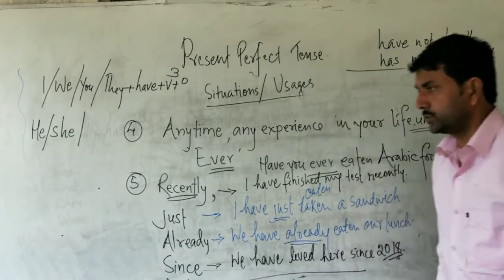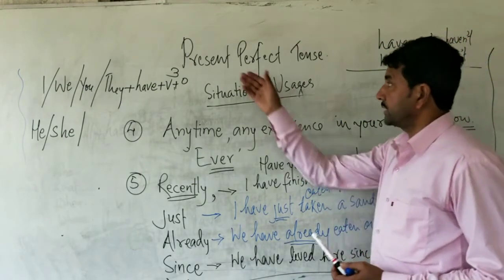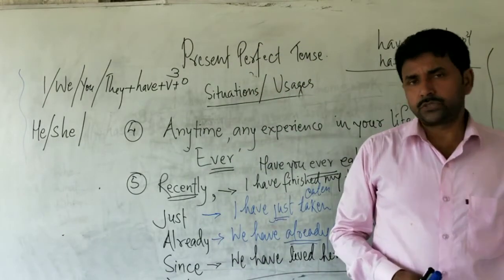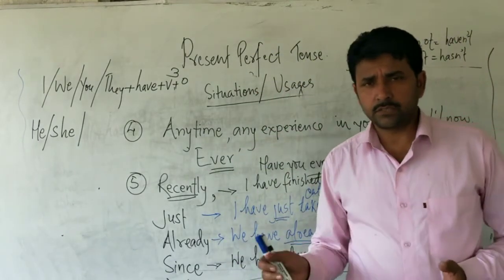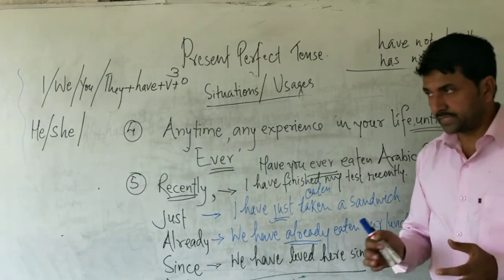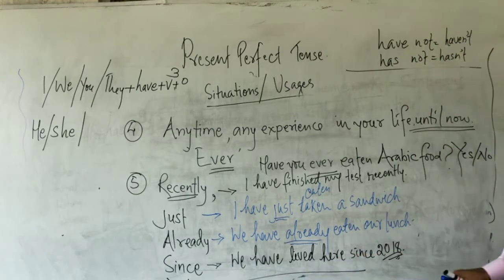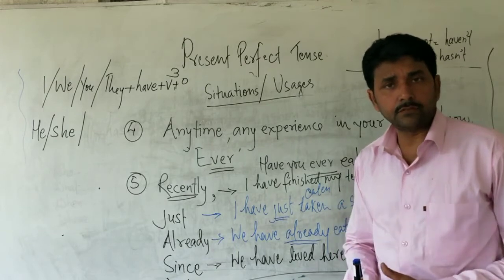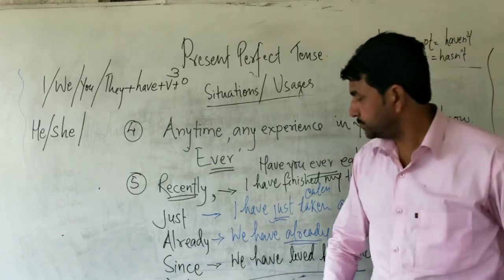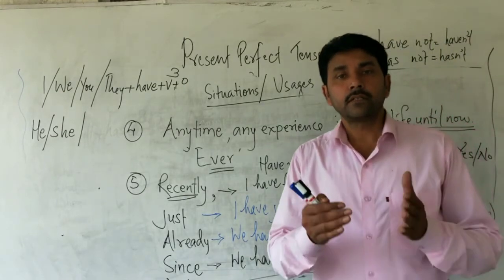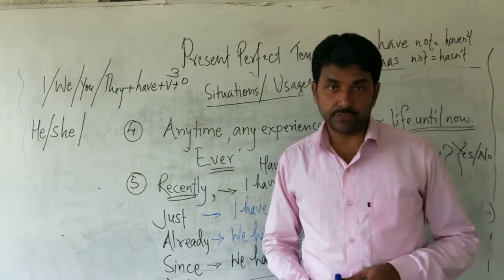Yet is also used in the present perfect tense. It is not used in other continuous tenses, for example, present continuous tense. Yet is used for anything until now not completed, because yet is used in negatives and questions.